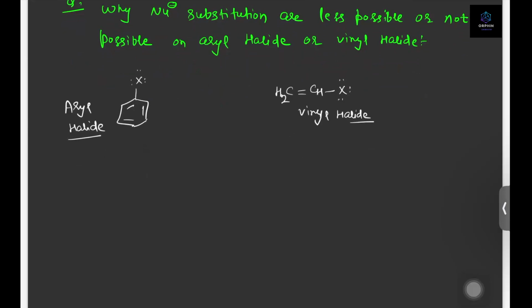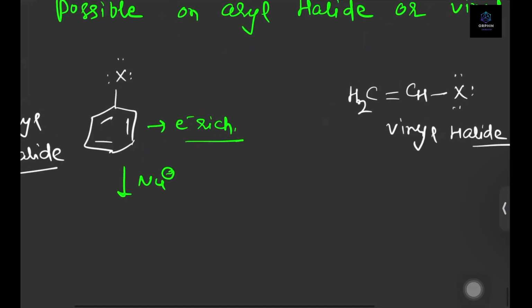See, the nucleophile will be attacking, and this species itself is electron rich. This is electron rich because the benzene is electron rich, that acts as a nucleophile, and this particular leaving group is also having a lone pair of electrons. First thing is that it is electron rich. Second thing is that this lone pair is involved in the resonance.